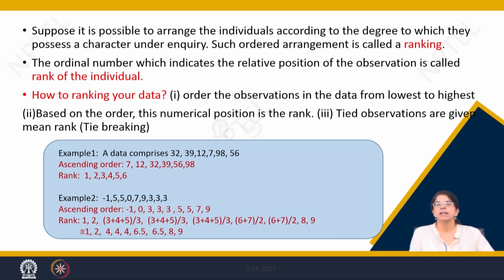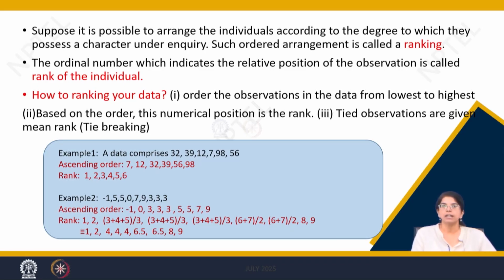Mark this point. The ordinal number which indicates the relative position of the observation is called the rank of the individual. So how do we rank data? Order the observations from lowest to highest. Generally in statistics, ordering is done in ascending order, from lowest to highest. Based on the order, this numerical position is the rank of that observation.